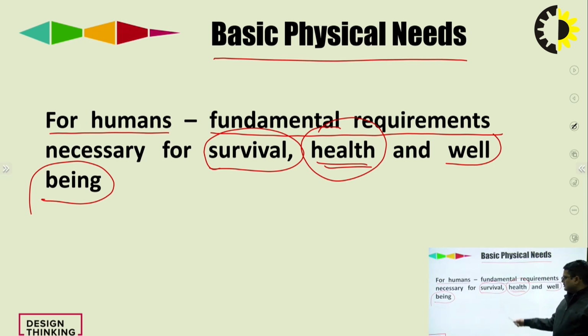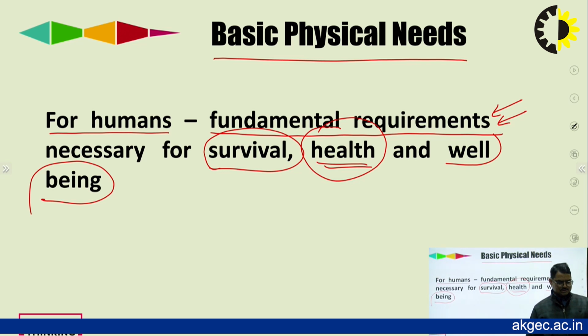So survival is necessary, health is equally necessary, and along with this, the overall well-being of human beings, of self and of others, is necessary. So all the requirements which can fulfill survival, health or well-being basically come into the category of basic physical needs.